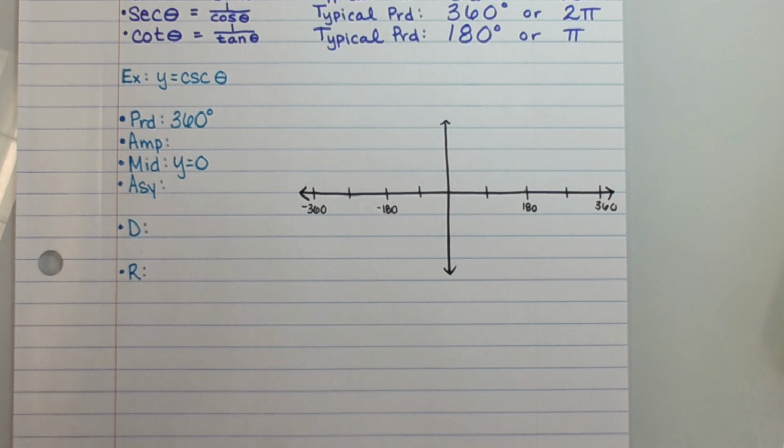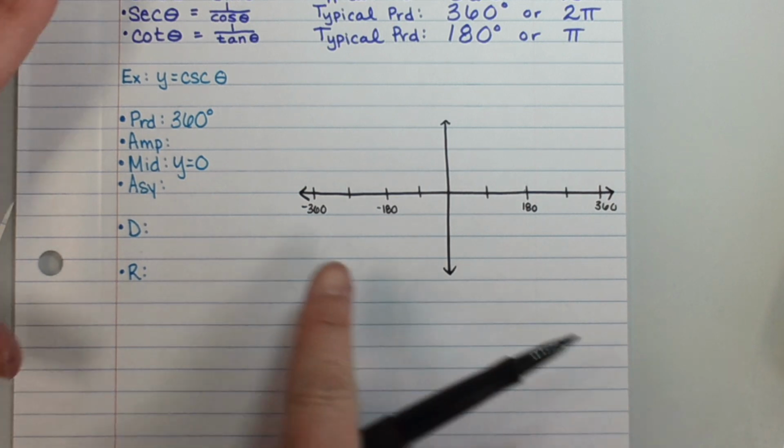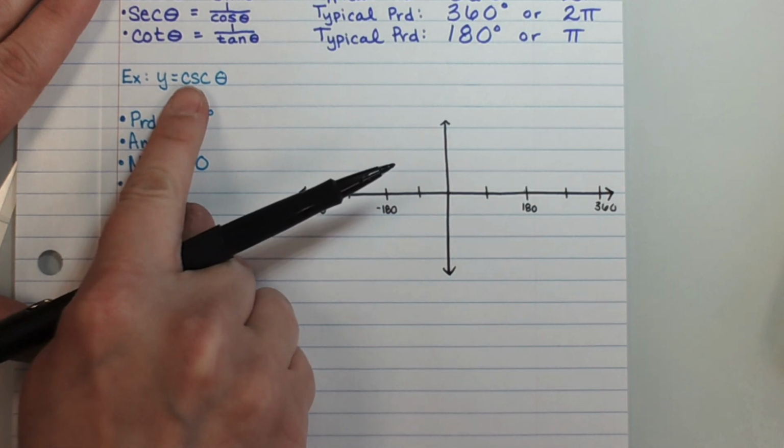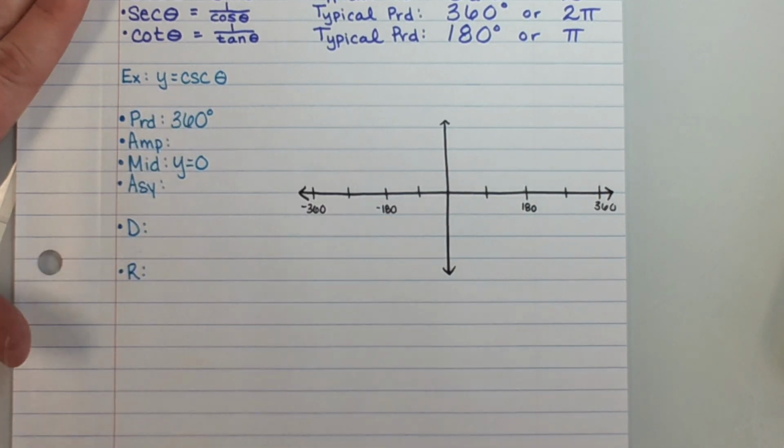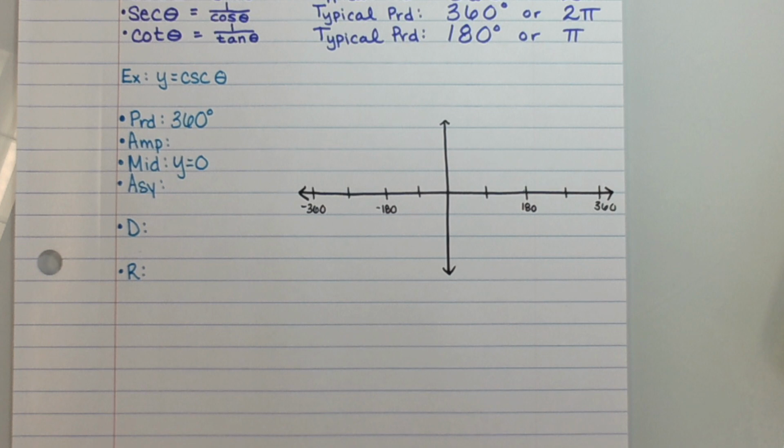Now, if this was a sine function, the amplitude would have been 1. And that tells us how we label our y-axis, or at least the way that I've said is the easiest way to label it, is to do double that number in front above and below the midline.